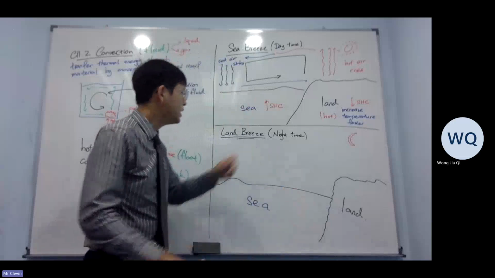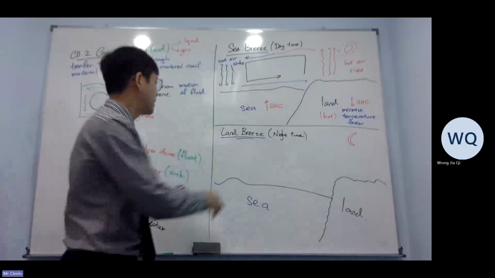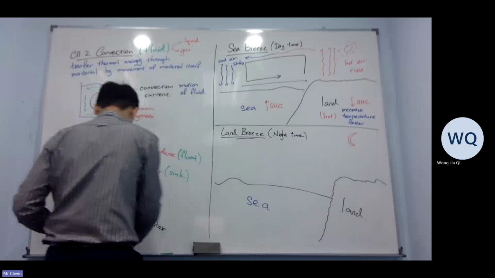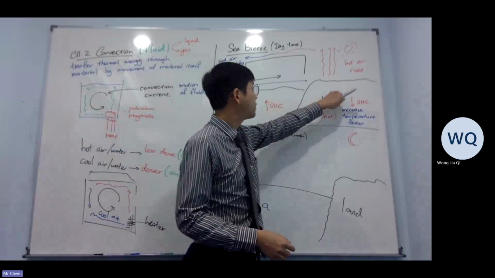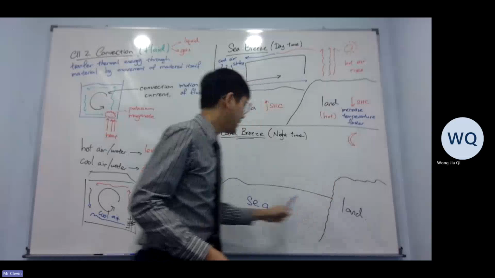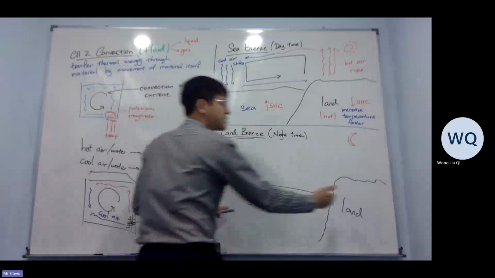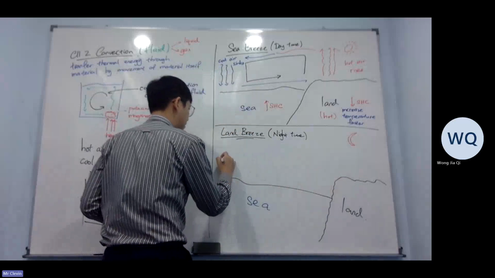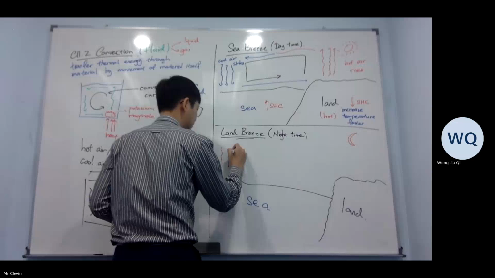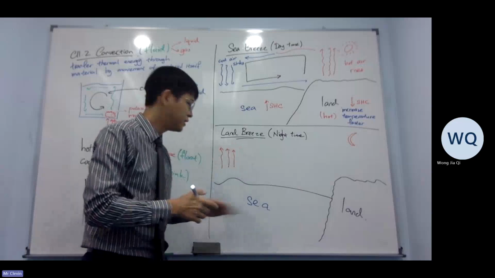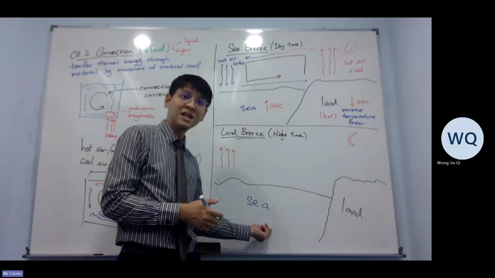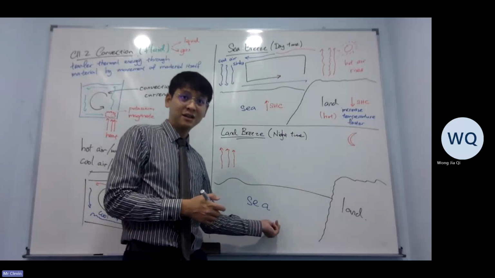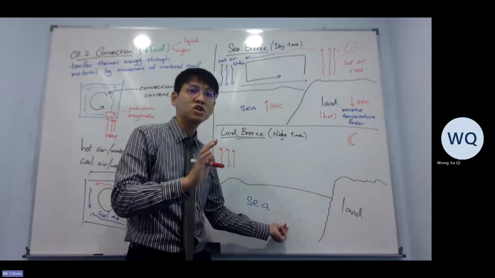Let's take a look at nighttime. Nighttime, land breeze. In the daytime, the hot air rises over the land. But in the land breeze, the hot air doesn't rise here. The hot air rises here. Because we know the sea is hotter than the land during the night time, because it has a higher specific heat capacity, so it decreases in temperature slower.